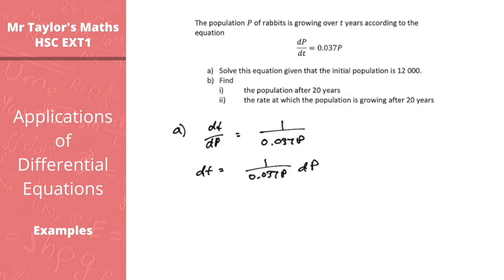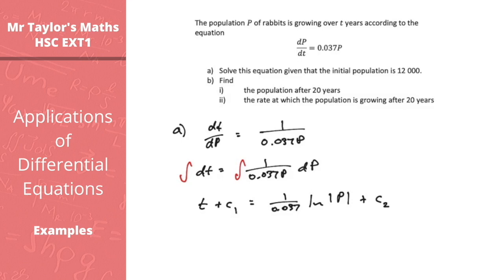So now I can integrate both sides. The integral of dt is t plus a constant, and the integral on the right hand side will be 1 over 0.037 ln absolute value of P plus some sort of constant.